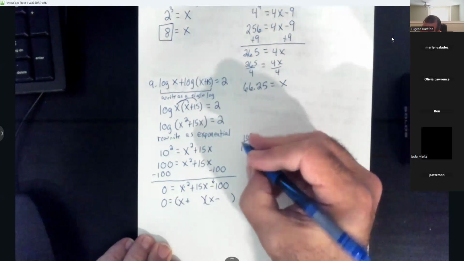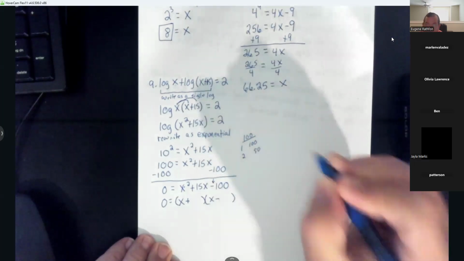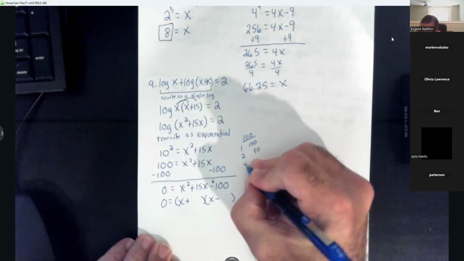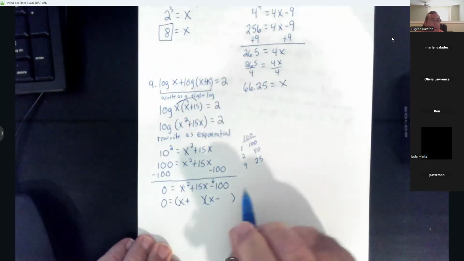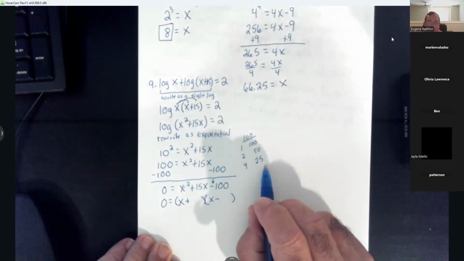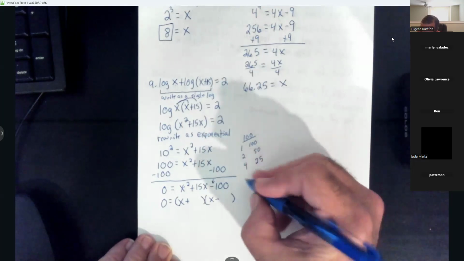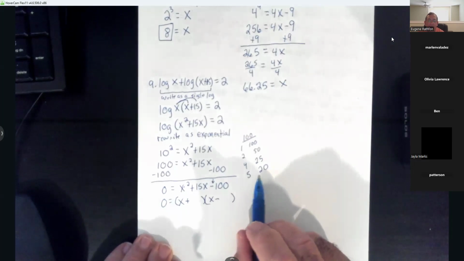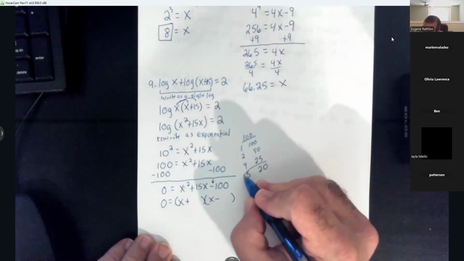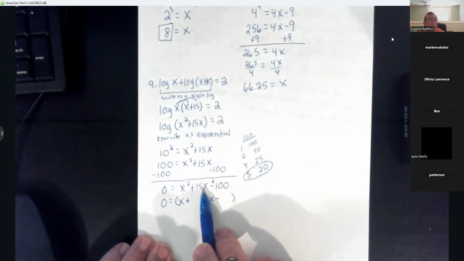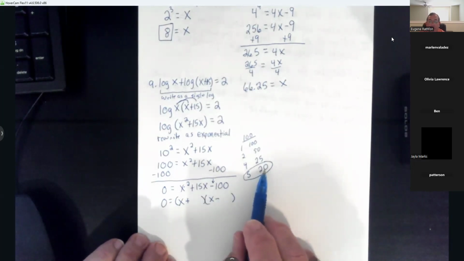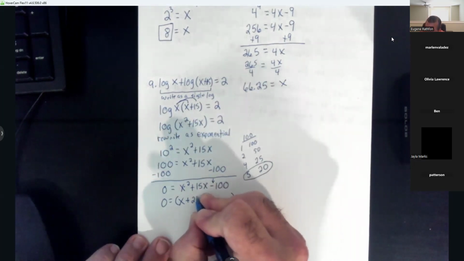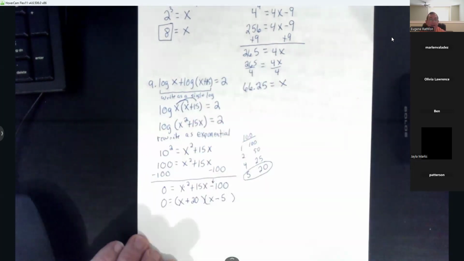So 1 and 100 ain't working. 2 and 50, that ain't working. So 3 don't go. 4 and 25, that ain't working. What's next? 5 and 20. Oh, y'all, I can stop because 5 and 20 will subtract and give me that 15. Now remember, the larger number will be positive like the middle. So the 20 is positive and the 5 is negative.